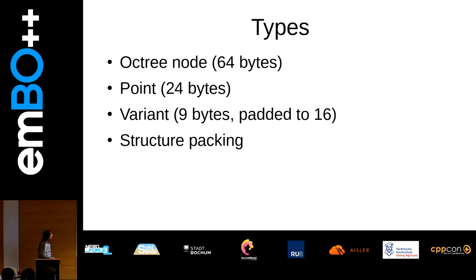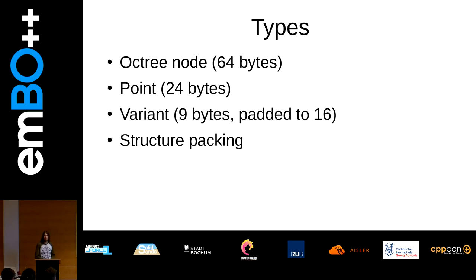So in this example, we have 3 types. We have the octree node, which is a node of 8 pointers, each of which is either another octree node or a point. And then we have the point itself, so with the coordinates and a color, it comes out to 24 bytes.